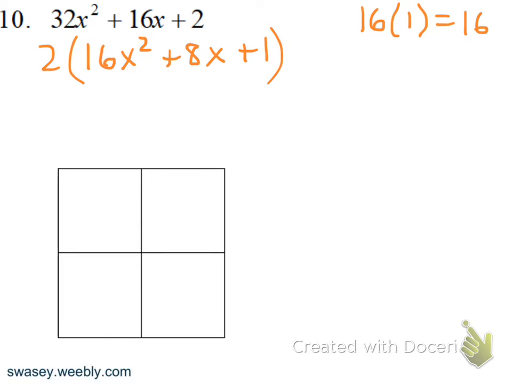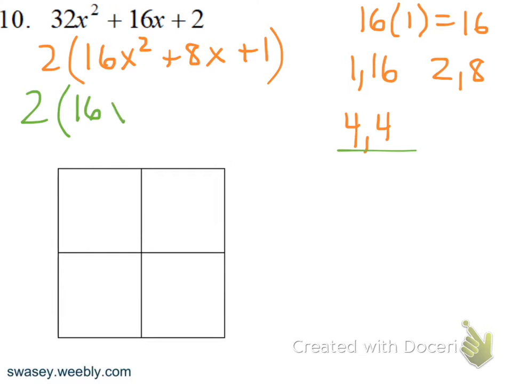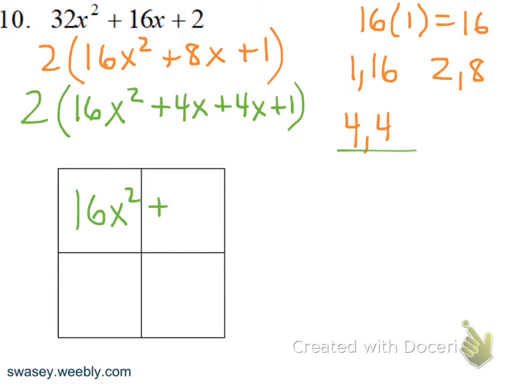Looking for two numbers that multiply to get 16 and add to get 8. The pair that works here is 4 times 4, so we'll split the middle term into 4x and 4x. The four terms in parentheses will go inside the boxes.